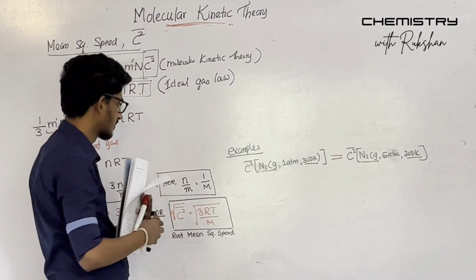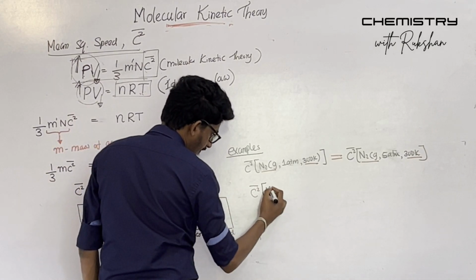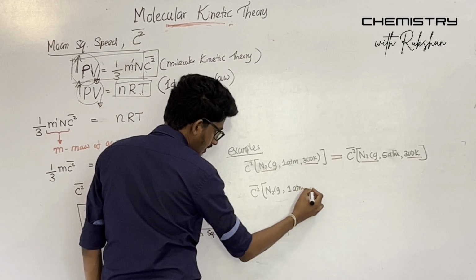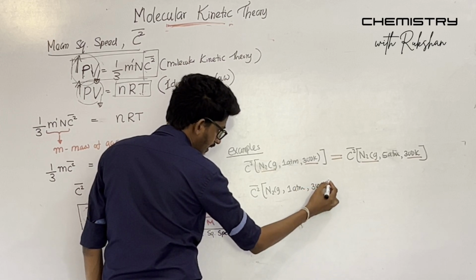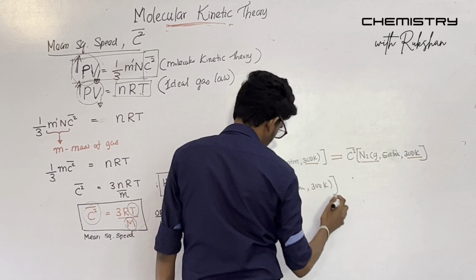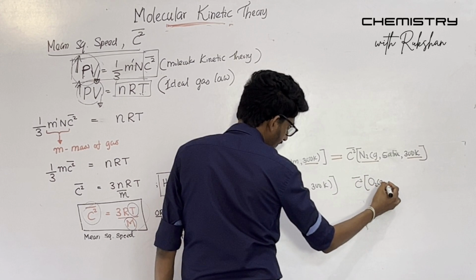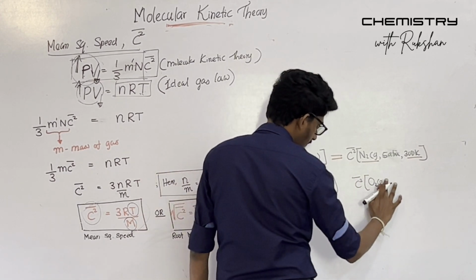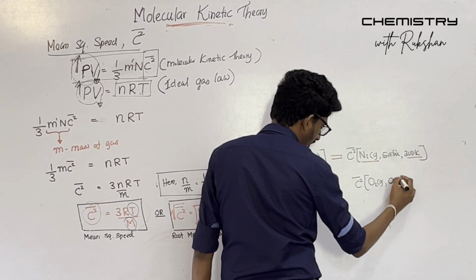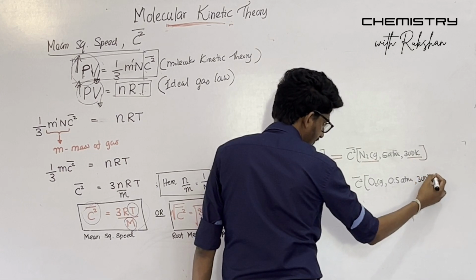So let's take this one. You take the C squared bar with N2 gas at 1 atm at 300 Kelvin. You are to compare that with the C squared bar of O2 gas with 0.5 atm and 300 Kelvin.